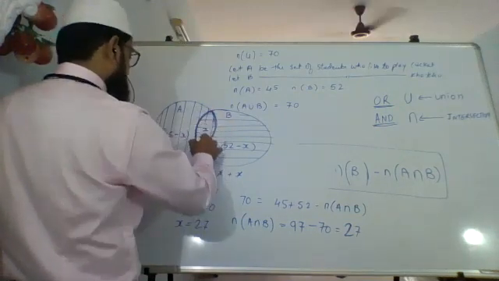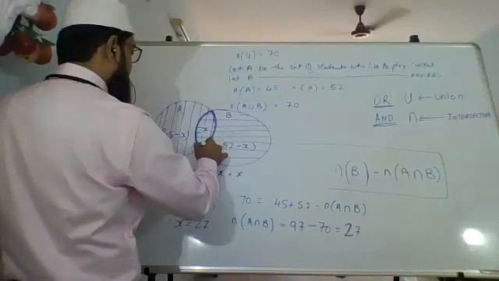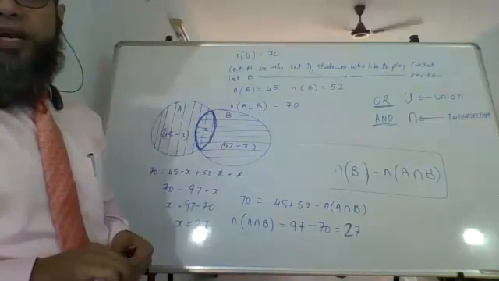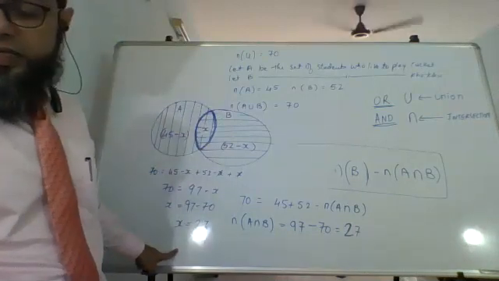What is this X? X is the number of students who play cricket as well as Kho-Kho. That is all. So by Venn diagram also I could solve it like this.